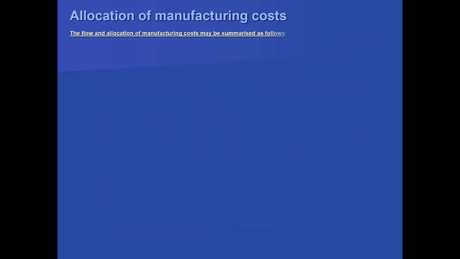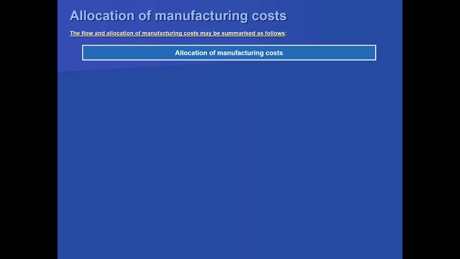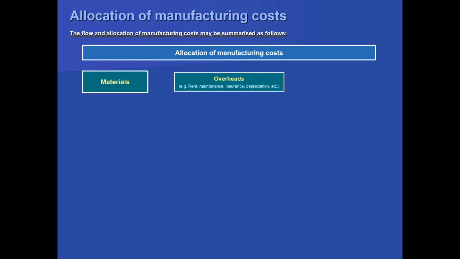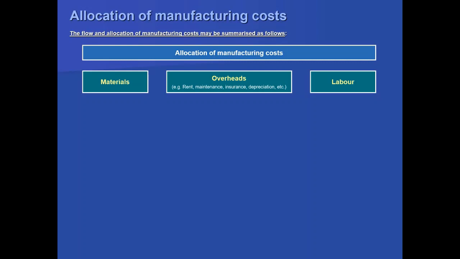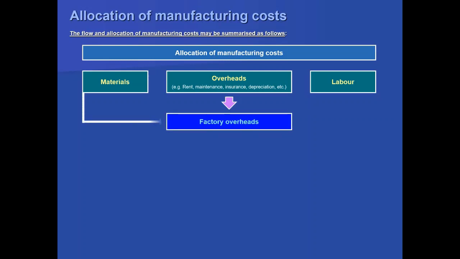Allocation of manufacturing costs. The flow and allocation of manufacturing costs may be summarized as follows. So we have the materials, the overheads, like our rent, maintenance, insurance, depreciation, and labor. We have factory overheads in terms of our overheads.